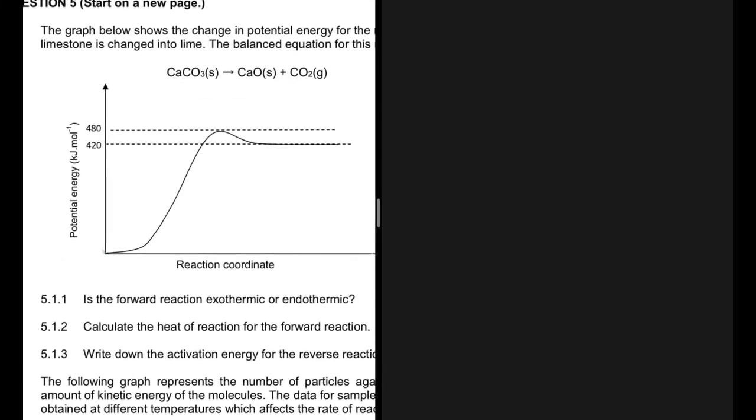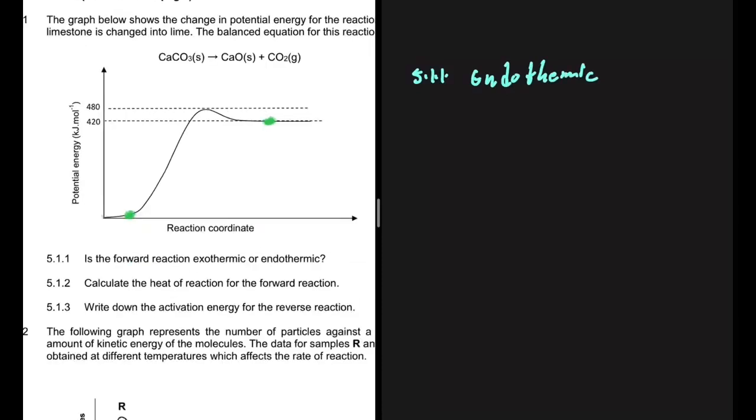It is actually easy to see that the forward reaction is endothermic. The energy of the products is greater than the energy of the reactants. So the answer to 5.1.1, our reaction is endothermic. 5.1.2, calculate the heat of reaction for the forward reaction. So what is the heat of reaction, or the enthalpy change?